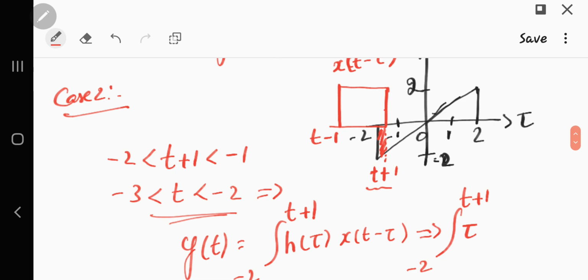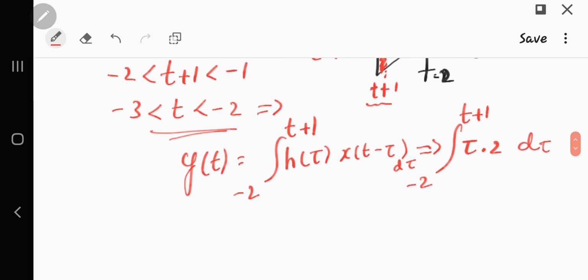And what is the value of x of t minus tau? The amplitude of the signal is 2. So therefore, into 2 d tau. So that means we have to integrate 2 into tau. If you integrate this, it is nothing but the integral from minus 2 to t plus 1 of 2 tau d tau. I am not elaborating this further.